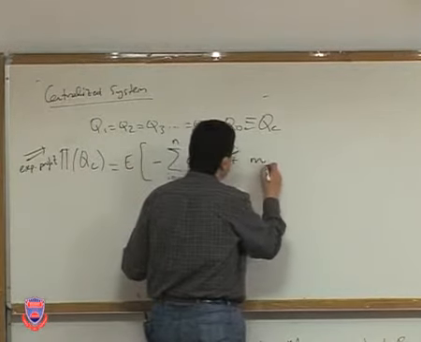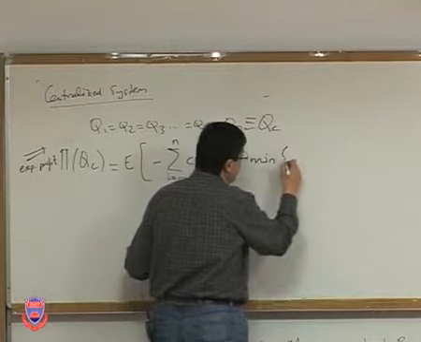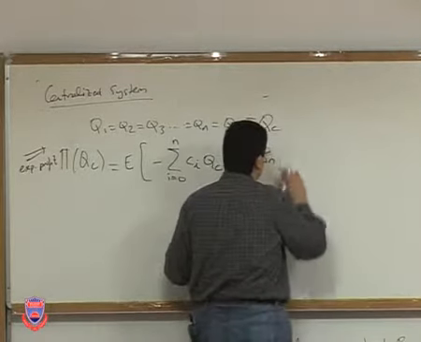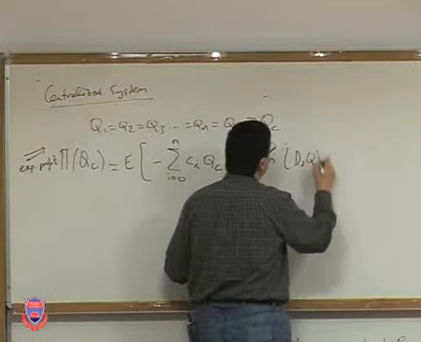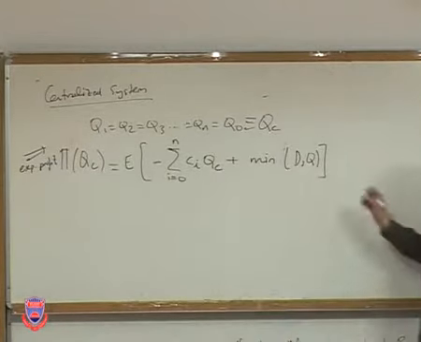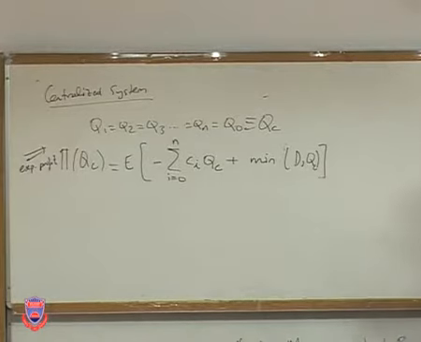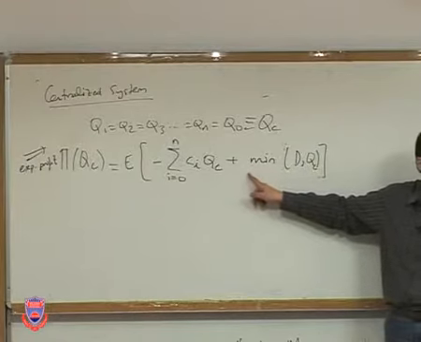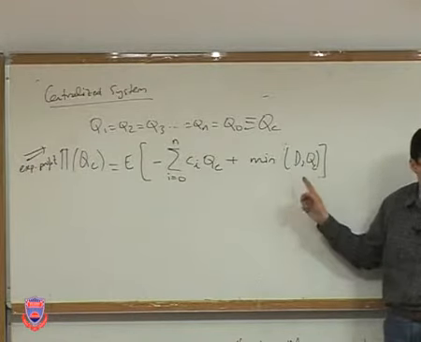I am going to sell the items, and I'm going to sell the minimum of D or Q. So I'm simply going to take this expectation. Okay, this is another way of showing the same problem. Now, R is the revenue that I receive, but it's 1, so I don't write it explicitly. Okay, so R is 1.